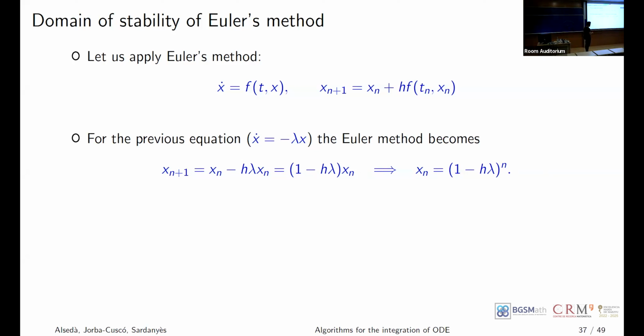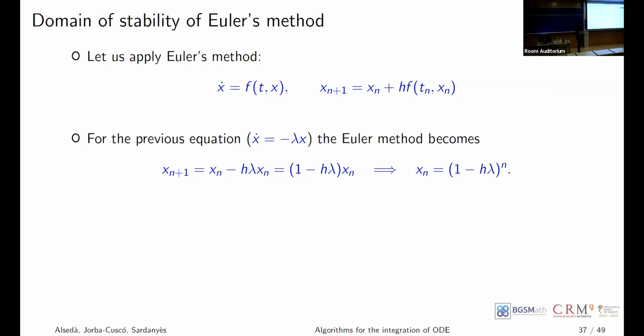So this is what you get, and notice that I want to approximate something that goes to 0 very, very fast, and I have this thing. If the modulus of 1 minus h lambda is larger than 1, it blows up. So it's not only going to 0, but it's going to infinity. So you essentially need this factor inside to be smaller than 1.